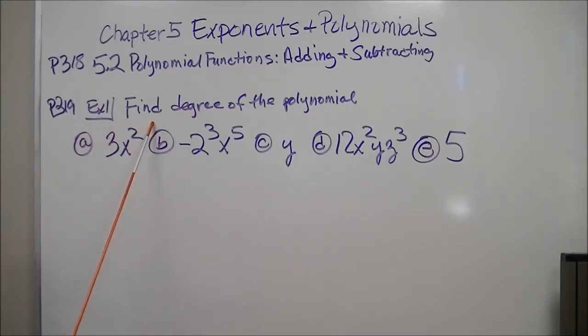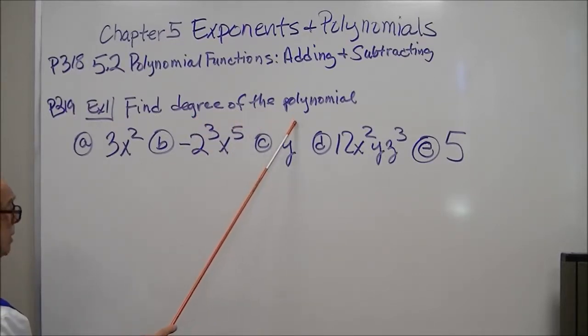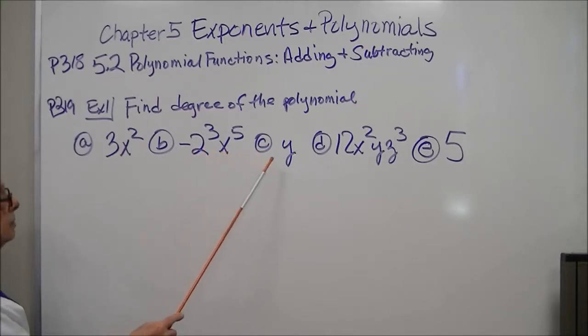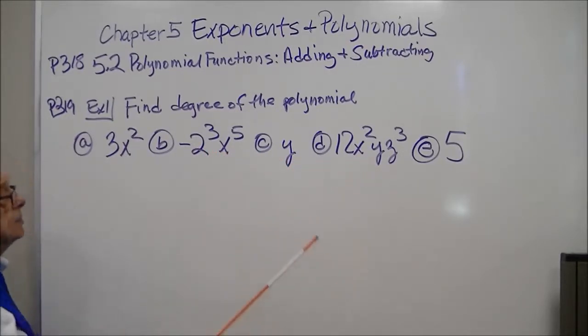Now, for instance, in example 1, they want us to find the degree of the polynomial. Now, what is meant by the degree of the polynomial? Well, it's the sum of the exponents on the variables in a particular term.